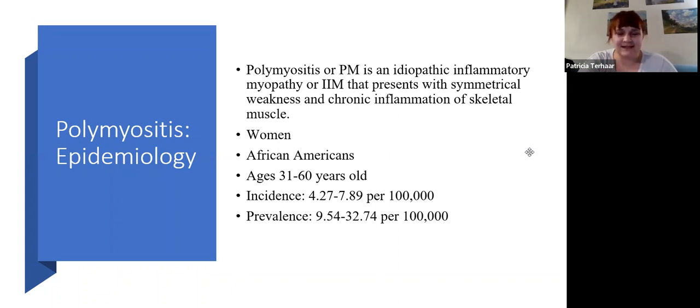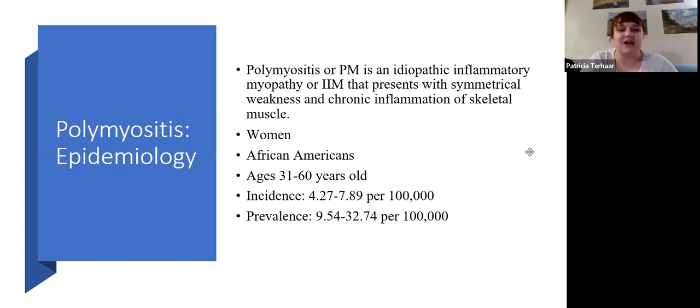Now, polymyositis is often referred to in tandem with dermatomyositis, which is also an idiopathic inflammatory myopathy, which has a skin rash associated with it. So they're kind of similar, but also different, but they're usually referred to together.